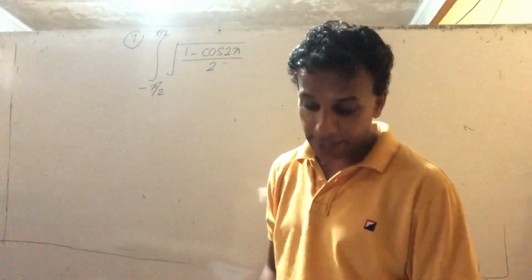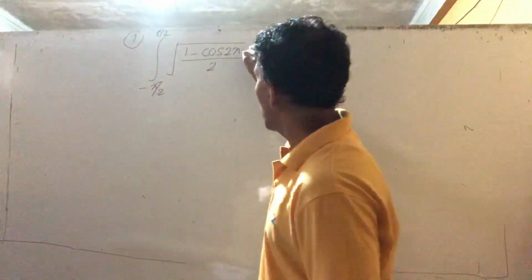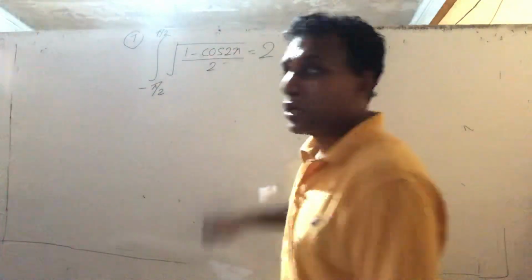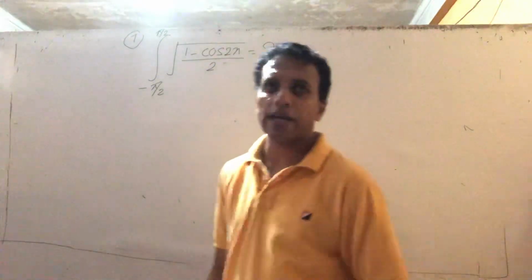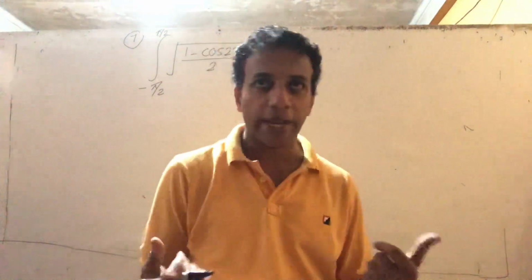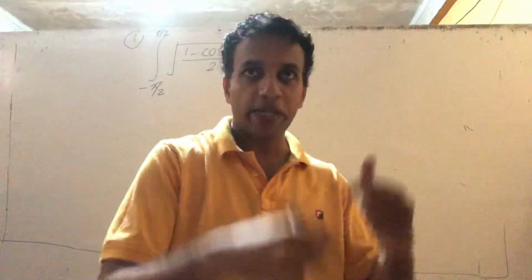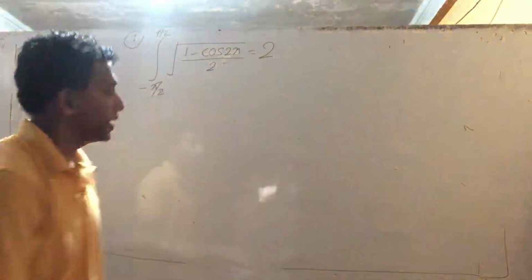Show that the answer is 2. Okay, your integration idea. I hope you work that. For any confusion or doubt, check with me and correct it. Stop the video and repeat that, and see my other videos also, for the ideas.